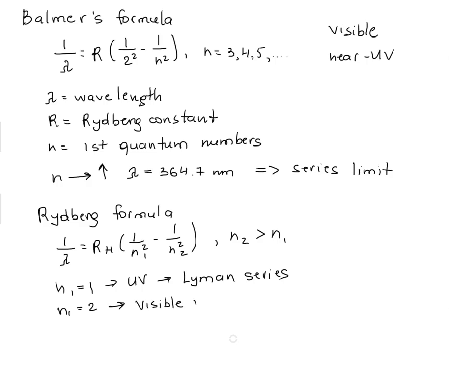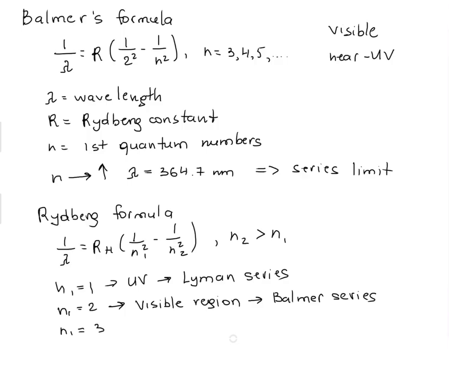So this is the visible region, and it's called the Balmer series.